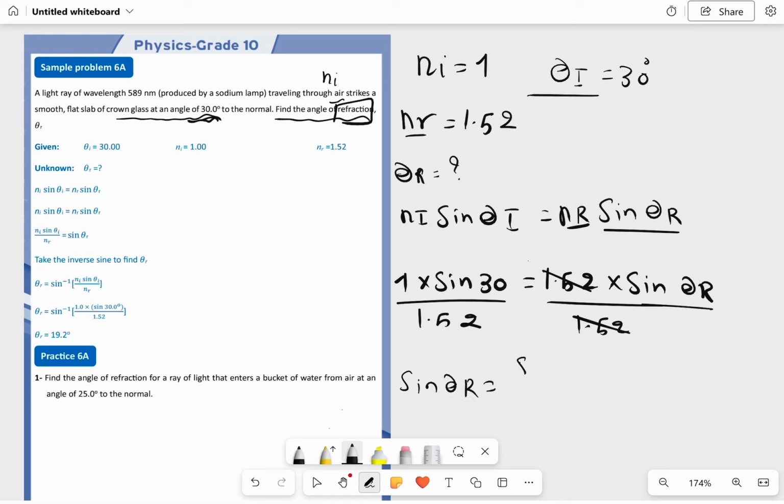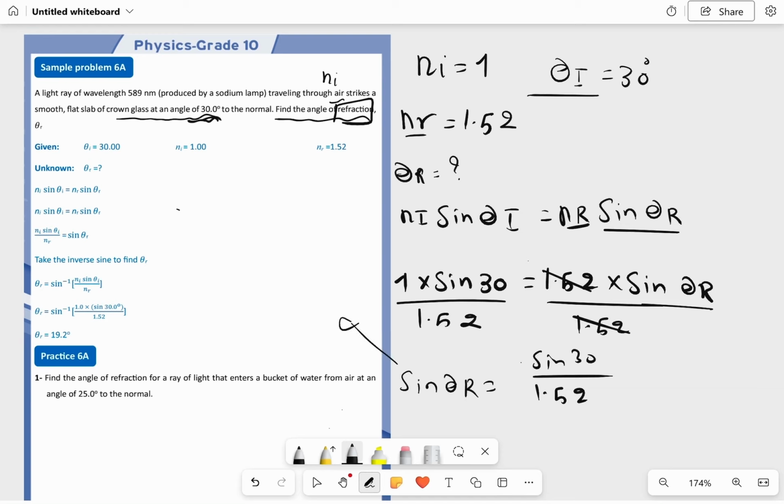Sine theta r is equal to, if you multiply 1 by sine 30, it's still sine 30. So sine 30 divided by 1.52. Use your calculator, you're going to get 0.5, and then divided by 1.52.